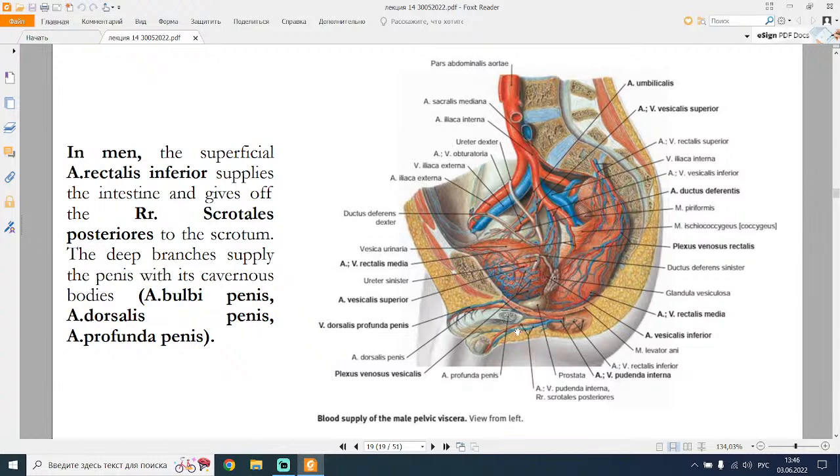The deep branches supply the penis with its cavernous bodies.